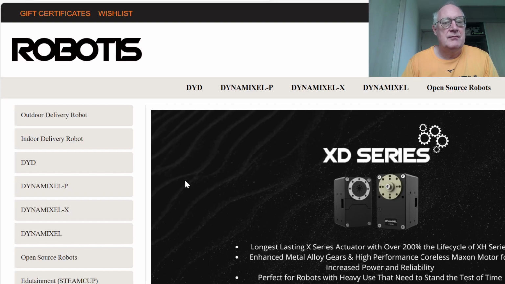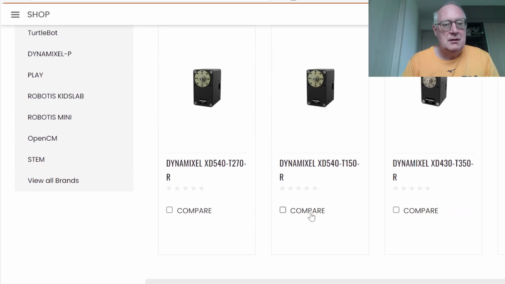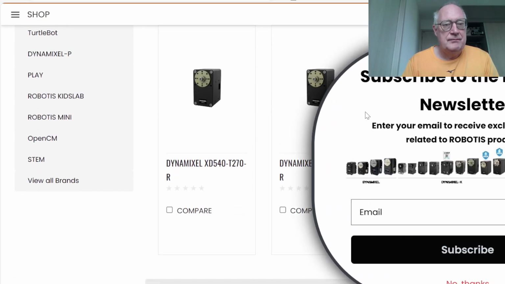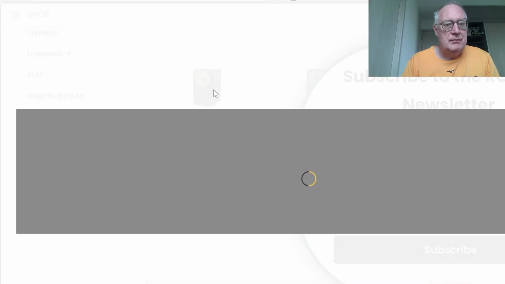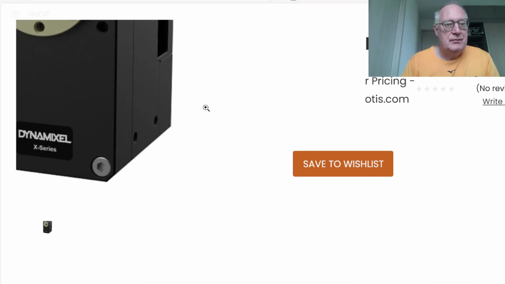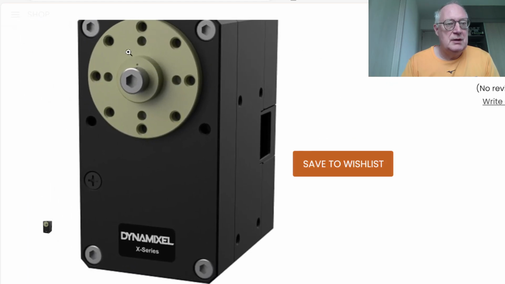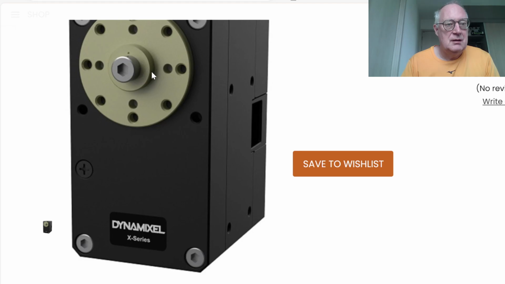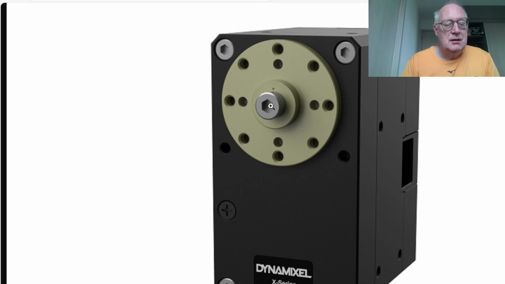If you have a revolute joint, like a servo motor, then, yeah, okay.